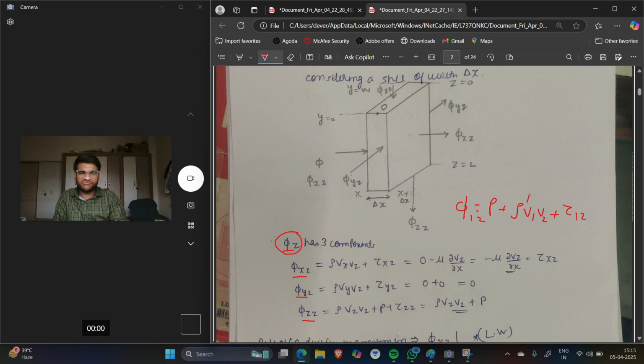This is the convective flux, this is by conduction, and this is pressure. So this is how total momentum flux is written over here.